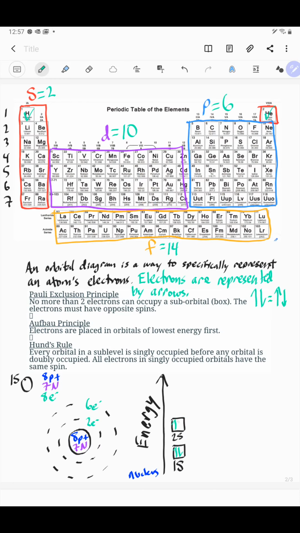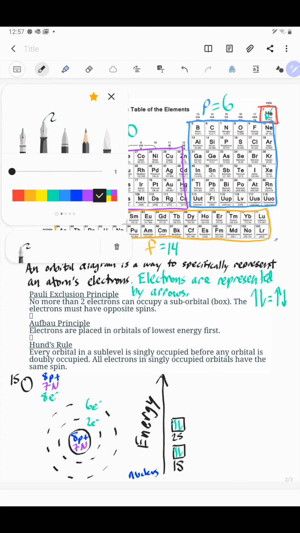So I'm going to draw an arrow up and an arrow down, and now I have 4 electrons drawn. However, we have 8 total electrons, not 4. So we need to keep drawing more until we get to oxygen. We can cross off where we're at on the periodic table. We have the 2s orbital filled in. And now we are moving on to the p orbital. So we're going to draw another box here.